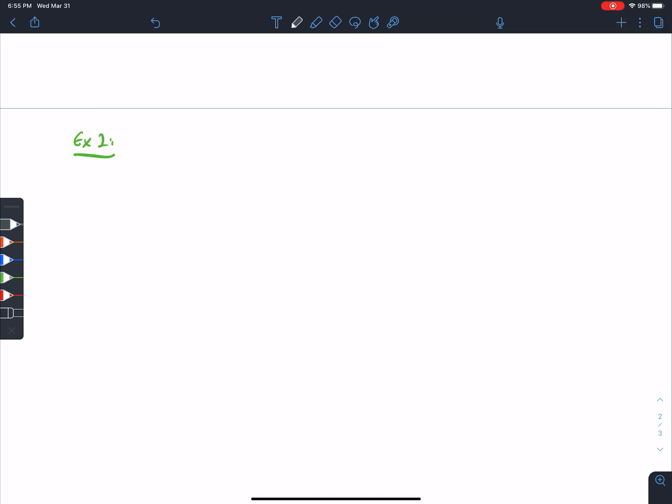Right, so we'll have y'''' plus 3y'' minus sine of t y' plus 8y equals t squared.